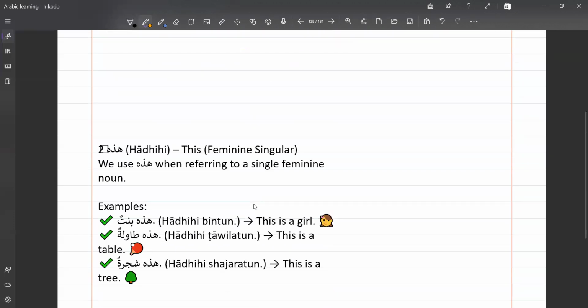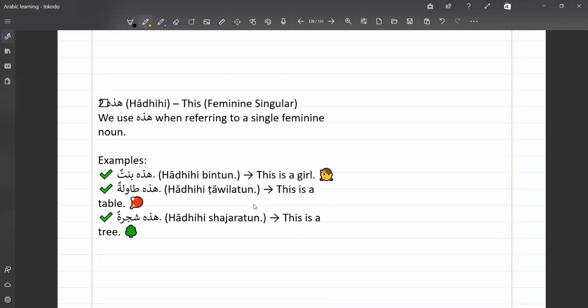Moving on, if the noun is feminine singular, you will use هذه.